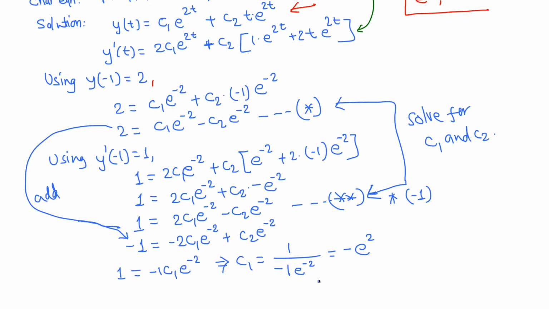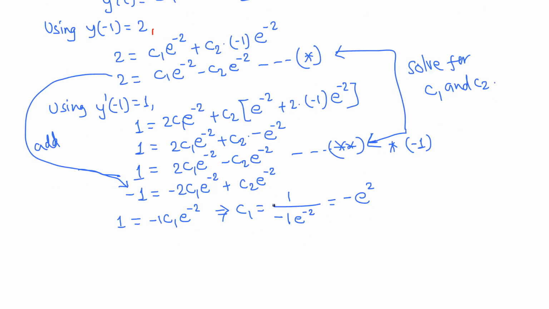It's a number anyways. Now we plug this c1 value into the first or the second equation, it doesn't matter. Let's plug into the first to find c2. By star we get 2 equals c1, which we just found to be -e squared, times e to the -2 minus c2 e to the -2. e squared times 1 over e squared, or if we combine the same base, 2 minus 2 is 0, so this is basically 1.